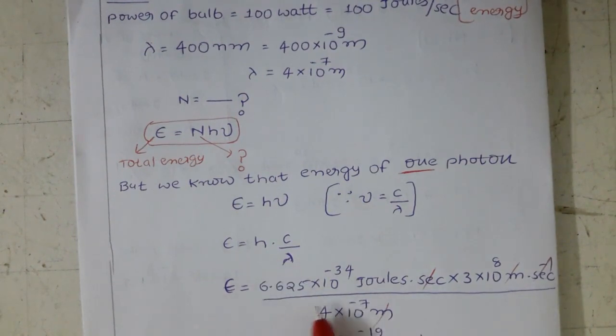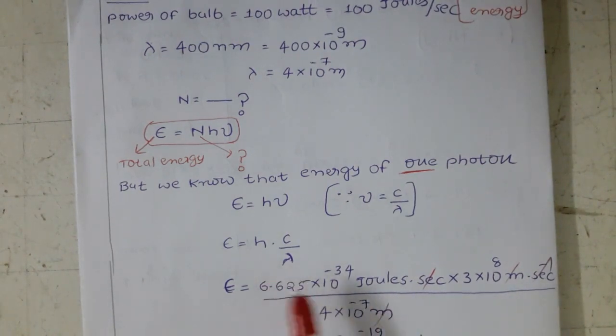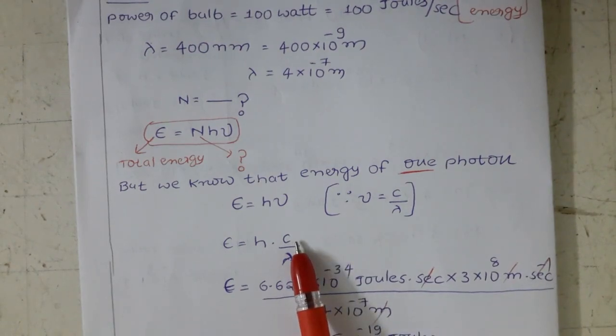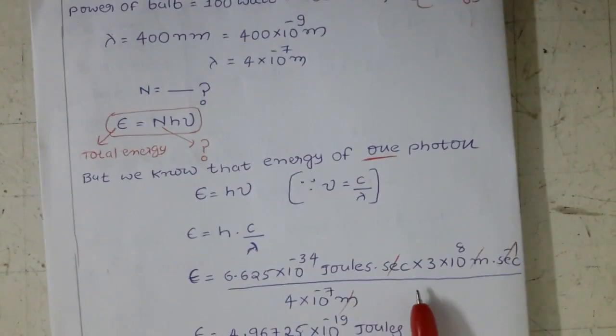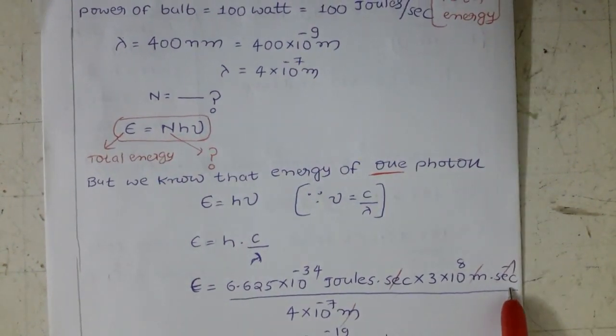We are taking joules, which is MKS units. So H in MKS, and definitely c, the velocity of light, we also take in MKS, that is 3 into 10 to the power of 8 meter per second, isn't it?